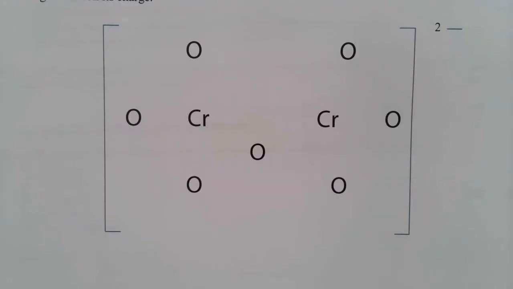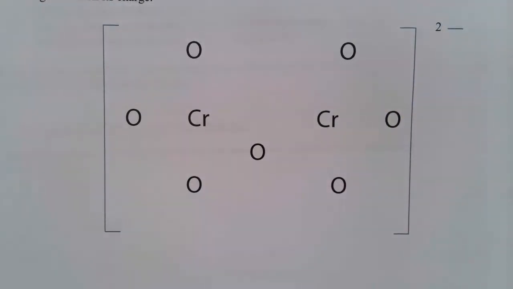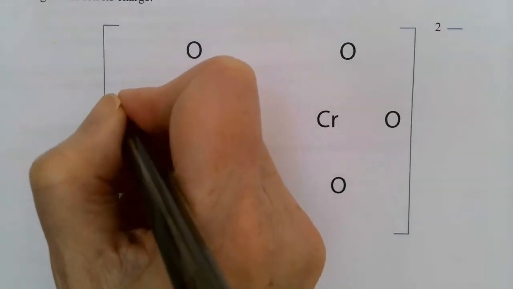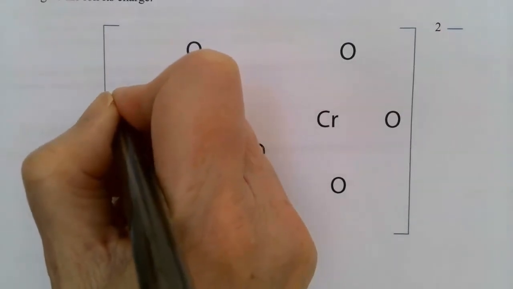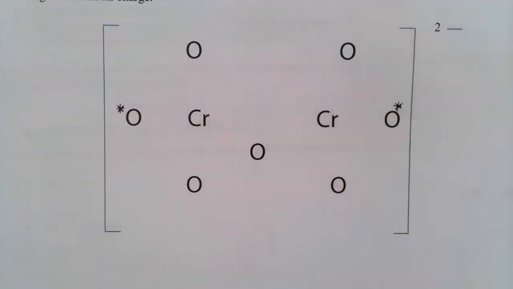The last example on this page is the dichromate ion, Cr2O7 2-. We need to read this very carefully. It's got a 2 negative charge. Now it's unlikely that both of those negatives are going to go onto the same atom. They're likely to go on 2 different atoms at 2 different parts of the molecular ion in this case. So I'm going to put one here on this oxygen and one here on this oxygen.